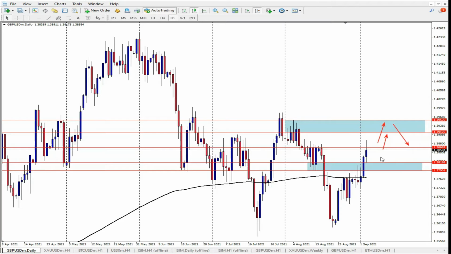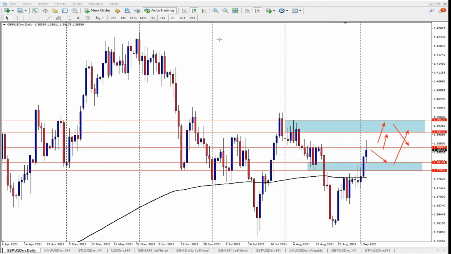So potentially we'll be looking for bulls on pound dollar for the week. If we have any retracement, then it's gonna be a push to retest this zone, then a continuation to the upside.